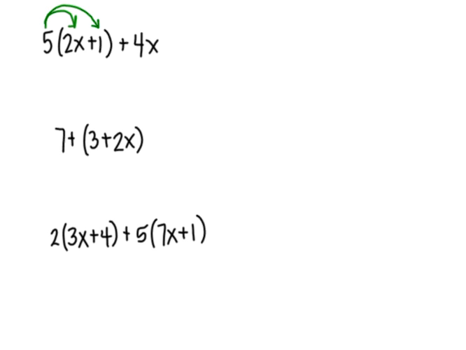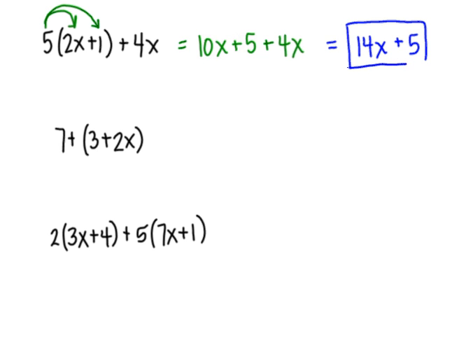So we're going to distribute the 5 through the set of parentheses, and so we get 10x plus 5. But then we have a 4x on the back. We just bring it over. Adding up your like terms here, 10x plus 4x would give me 14x. I have a constant 5, so my answer would just be 14x plus 5.